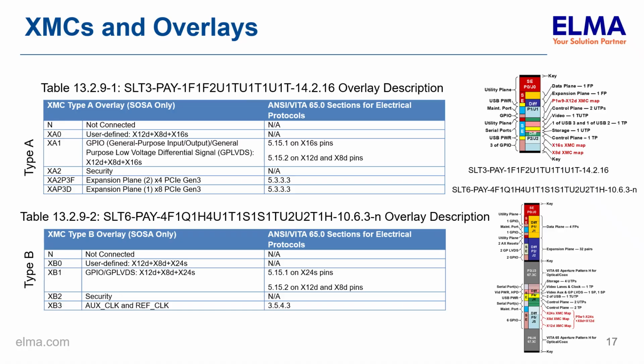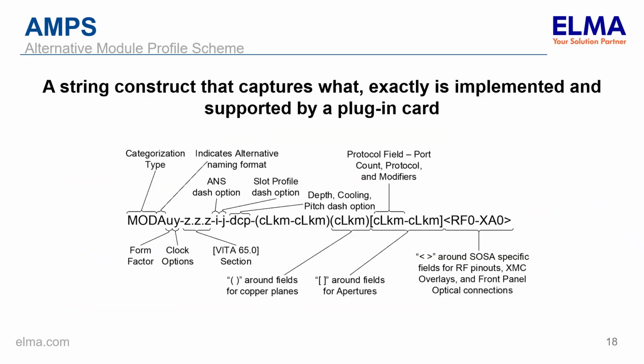For 3U, the overlays define a GPIO GPLVDS mapping, a security mapping, and 2 mappings to add PCI Express for 1 or 2 ports. For the 6U overlay, the same GPIO, GPLVDS, and security mappings are defined, along with a radial aux clock ref clock mapping to add radial clocks to 6U systems.